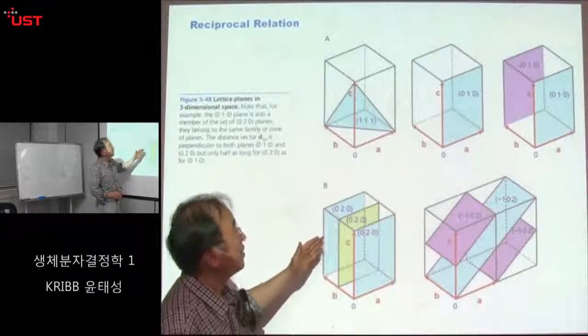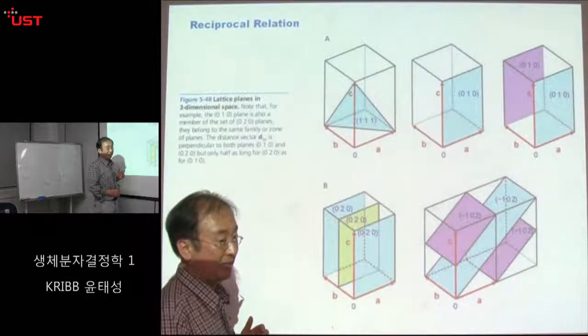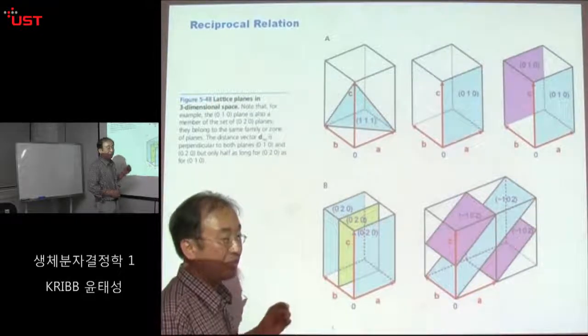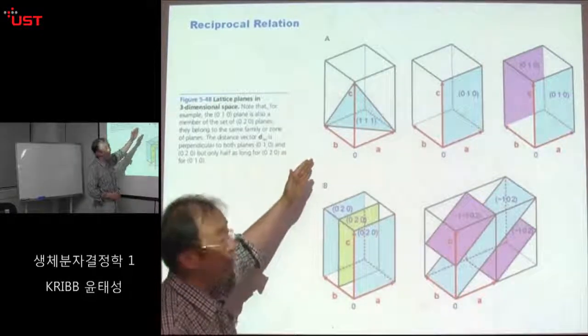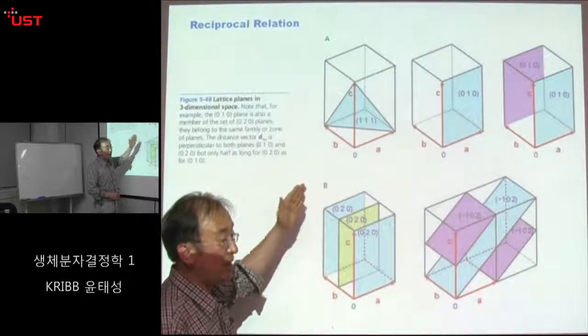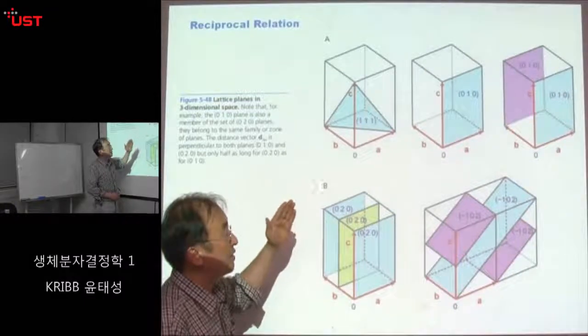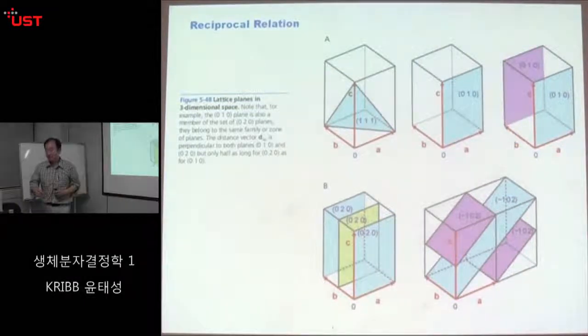But generally, we can talk about the HKL plane, any integer. That's the point I'd like to explain. Here, specific planes are given, but any HKL in integer can be a scattering vector. And now, jump here.